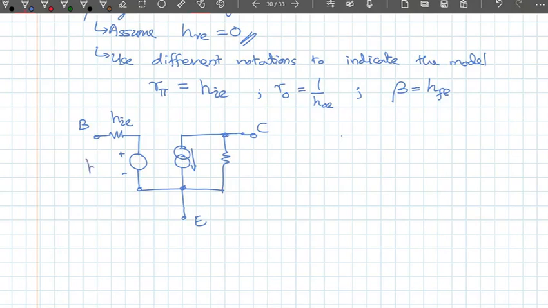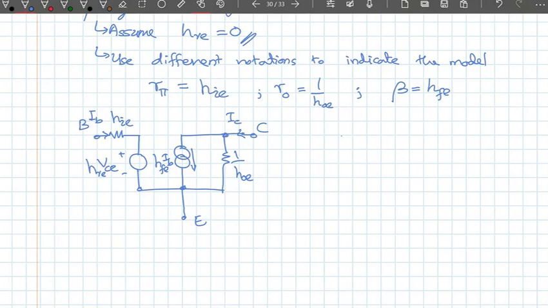We had HIE, HRE times the output voltage, that is VCE, capital V, subscript CE, and the current here is the input current, capital I, subscript B, in the phasor notation. So these are the phasor values, the RMS values, and the current source HFE times IB, and output admittance HOE. So this was what we started with, and the output current is IC.